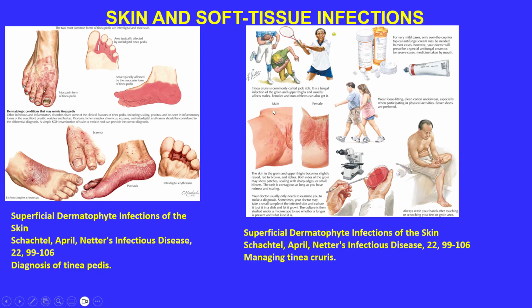Now, managing Tinea cruris. Well, that's basically in the flaps or in the area of the upper thigh, coming close to the genital area. Okay? And what you see is the rash is going to be continuous as long as you have the redness, the scaling, etc. This may be not on just one side of the groin, but on both sides here.